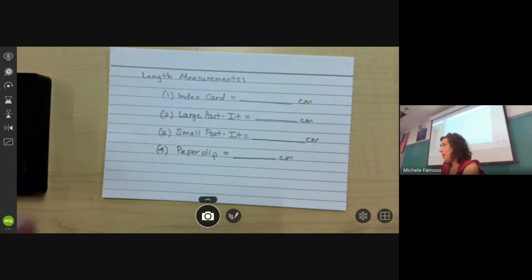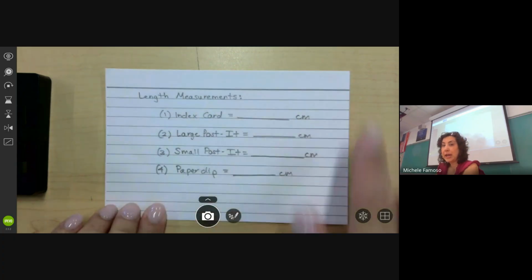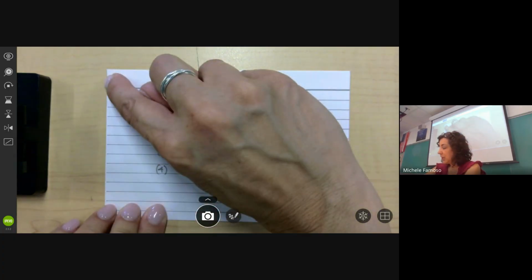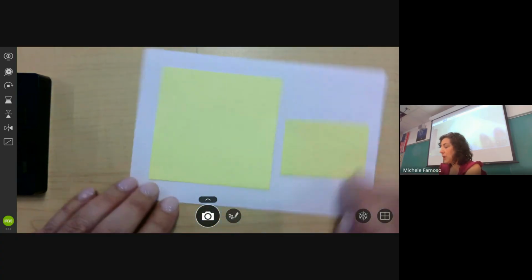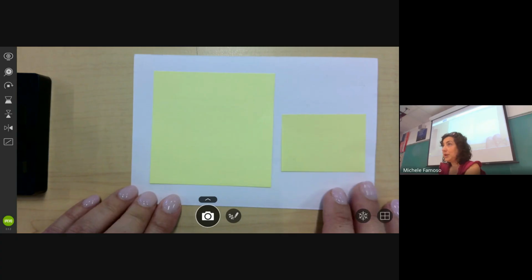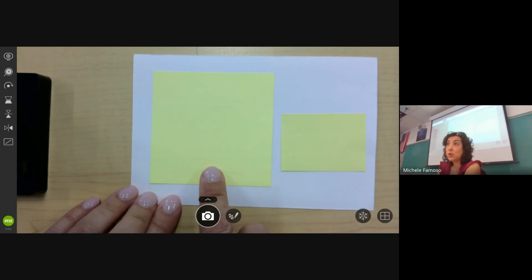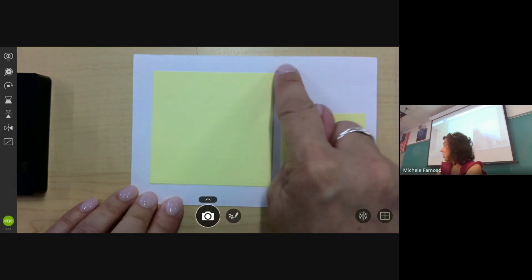Okay, when I'm talking about measuring the length, I want you to measure the long edge. Length is long. So when you're looking at this, I want you to measure from here over to here, straight across. That's what we mean by length. If I'm doing that for the large Post-it, it really doesn't matter, does it? Because that's a square. Squares have equal sides.